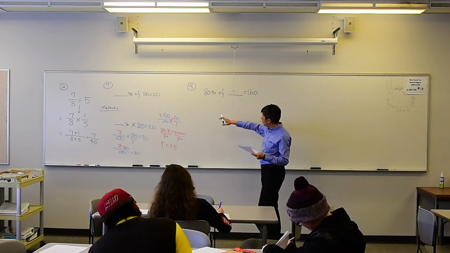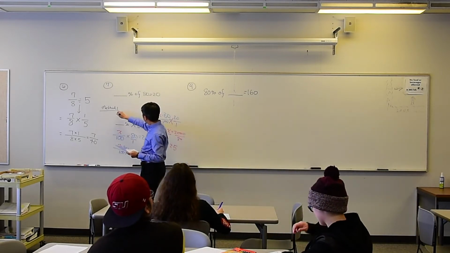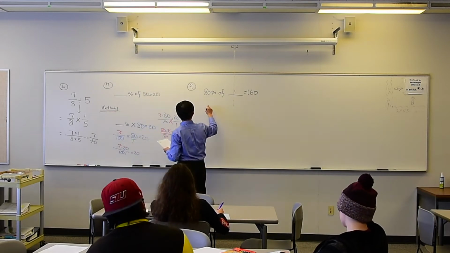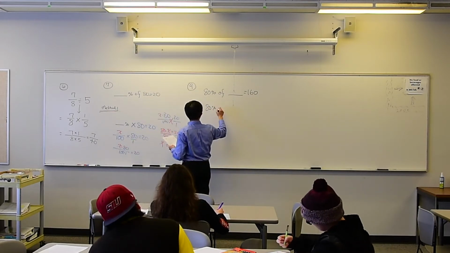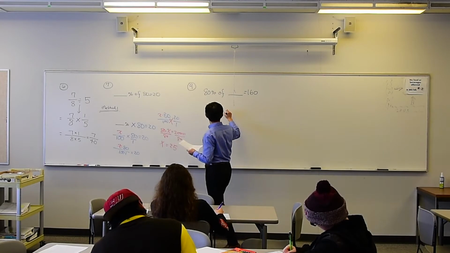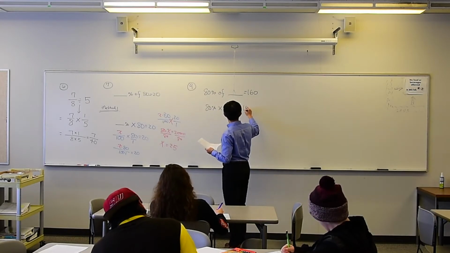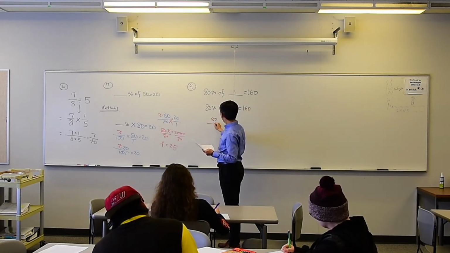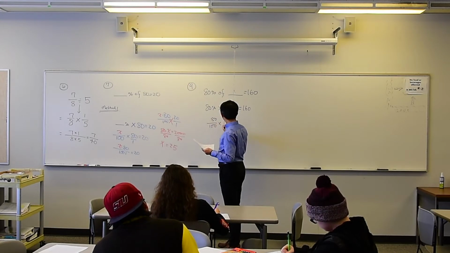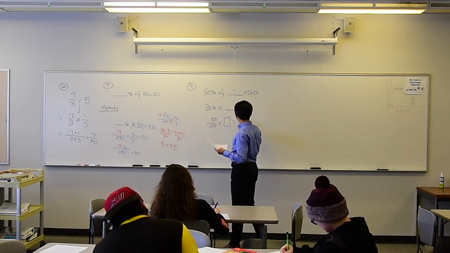Then we can use method one. So we have 80% times how many is equal to 160? So 80 over 100 times an unknown number, which is 160.